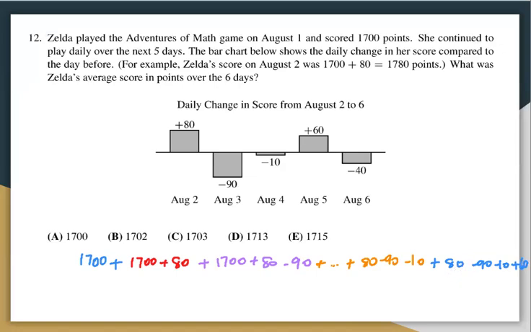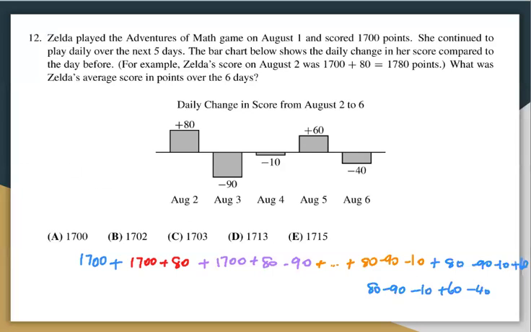So we just need to have 1700 plus negative 40. So I'll just say twice of this, and then negative 40. So that should be 80 minus 90 minus 10 plus 60 minus 40.